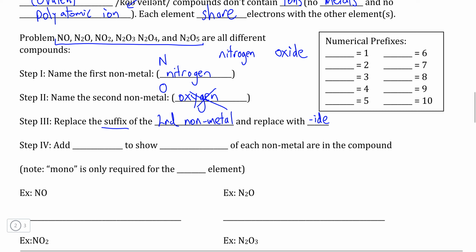Now, the problem about just naming any compound here nitrogen oxide is that all of these different chemical formulas would all have the same name because they're made of nitrogen and oxygen.